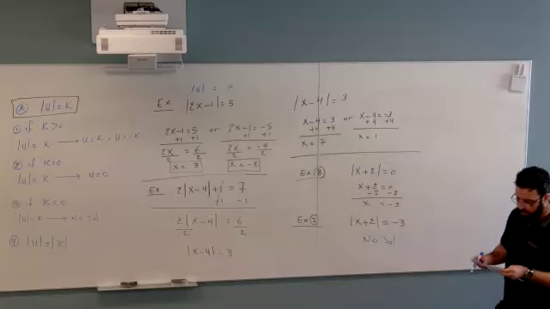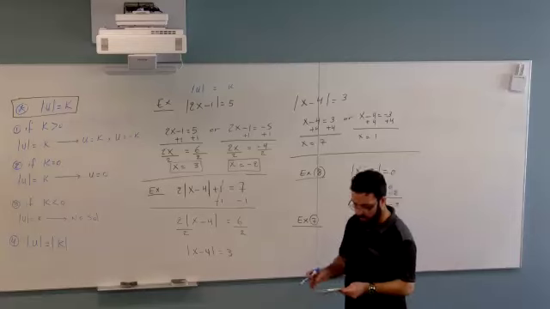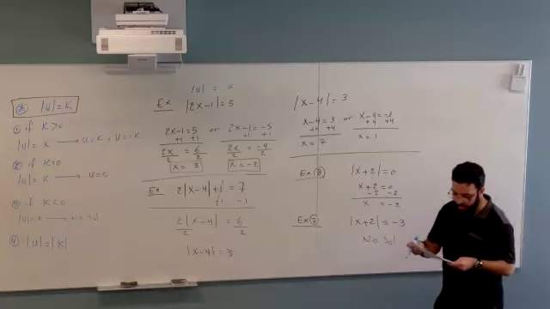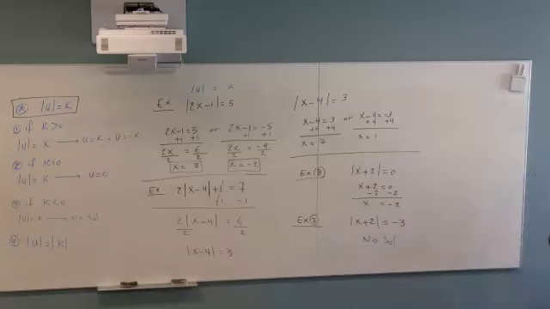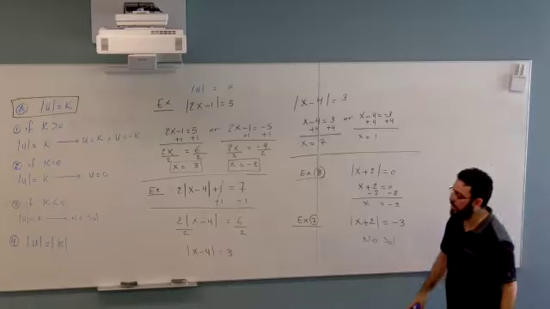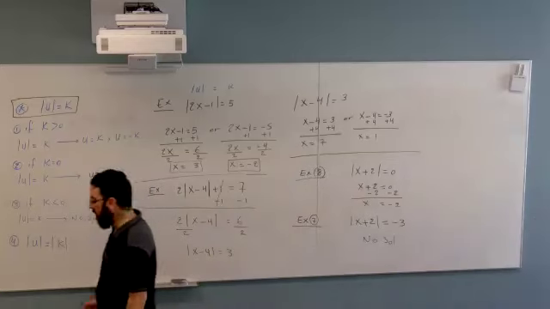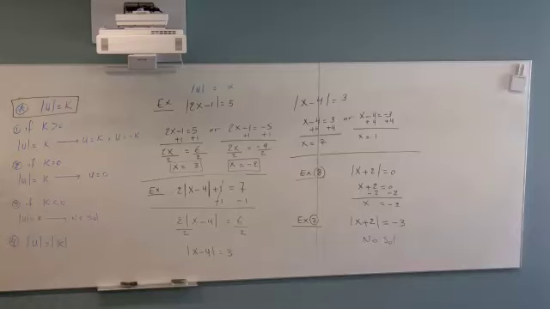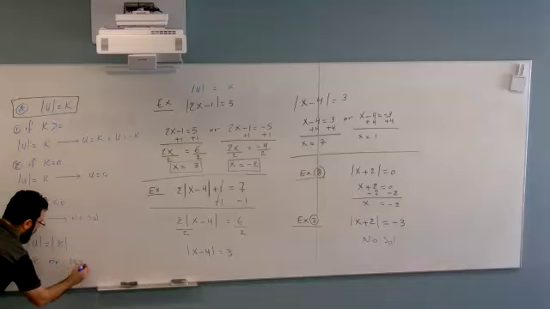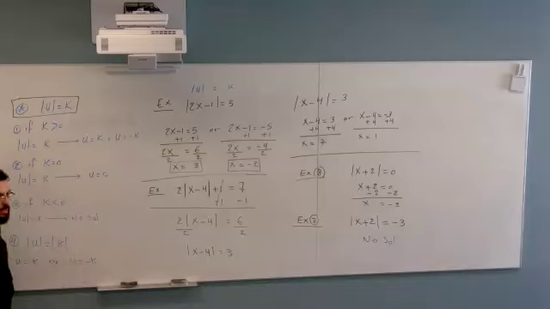I don't know why they switch it. But if you have absolute value on both sides, let's keep it as a k. If you have it on both sides, in this case, the solution is going to be u equal k or u equal negative k.